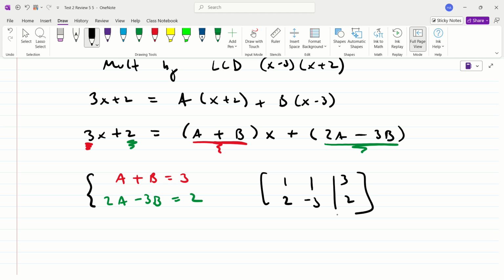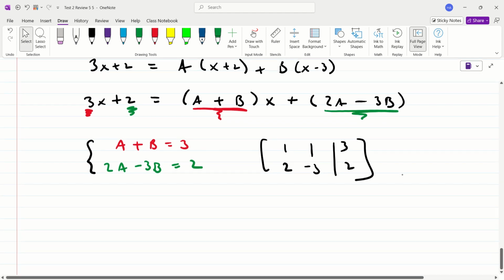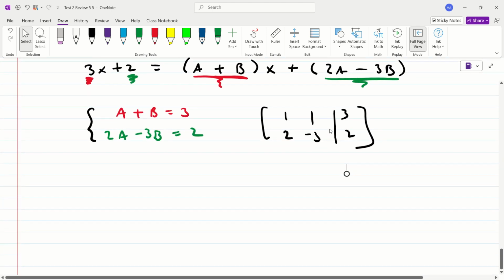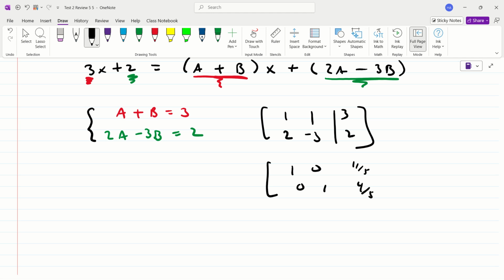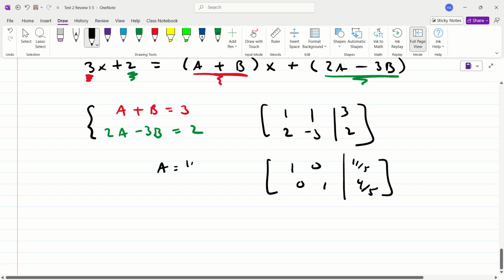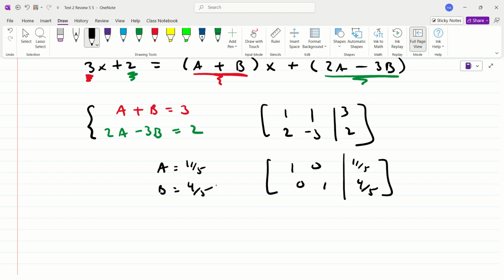On the side here, I'm computing out the answer to this, and I get the matrix 1, 0, 11/5, 0, 1, 4/5, meaning that the value of A is 11 over 5, and the value of B is 4 over 5.